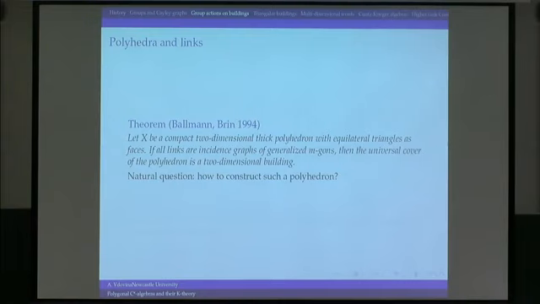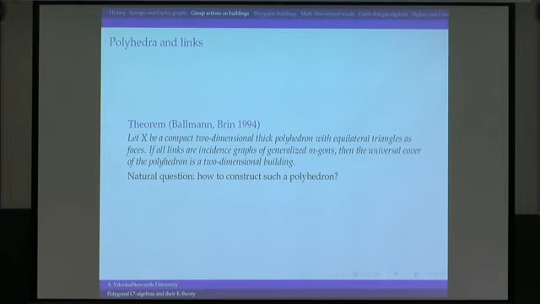Okay, and why I was talking about polyhedral links for such a long time, because actually there is this very nice result of Ballmann and Brin. It's a way to get buildings by geometrical methods.